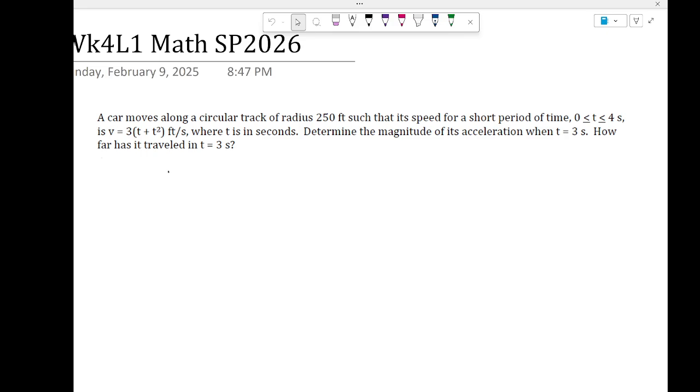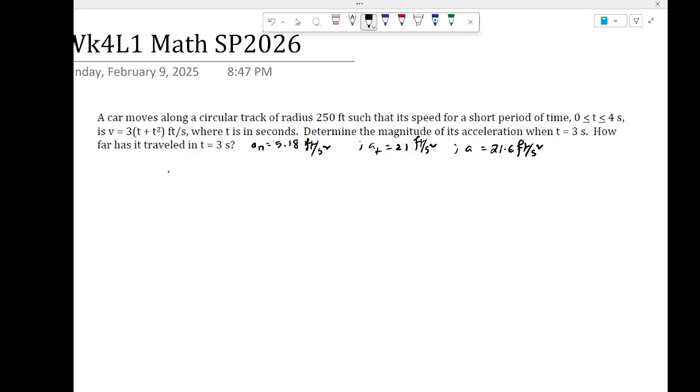So the final answer for A should be 21.6 feet per second squared. Your AT is 21 and your AN is 5.18. Let me give you the answer: AN is 5.18 feet per second squared, AT is 21 feet per second squared, and A is 21.6 feet per second squared. And that's not all.